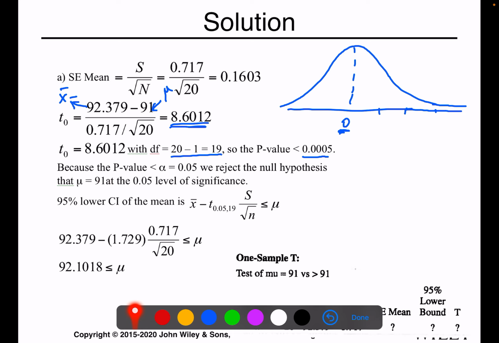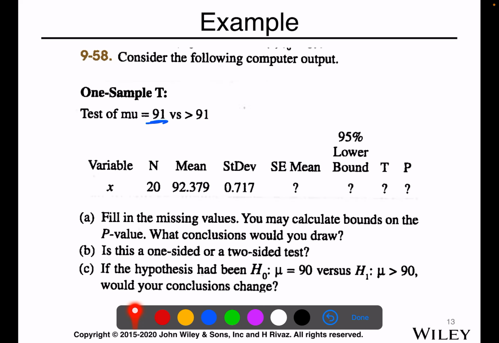Now to find the 95% confidence interval, again, we have to use the student's t-distribution. Since it's one-sided, if I go back, the question says 95% lower bound. So we want to find the lower bound for the mean, right?